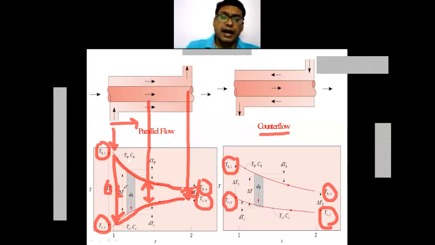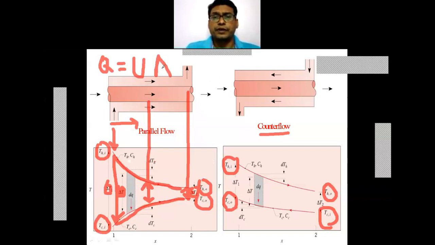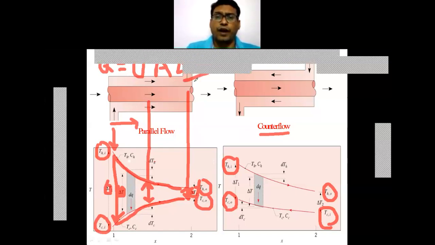So we have temperature differences delta T1, delta T2, and this is the average delta T that will be taken into account. Depending on this delta T, the value of Q that will be available is Q equal to UA delta T. This delta T is going to vary, and accordingly the amount of heat transfer is also going to vary.